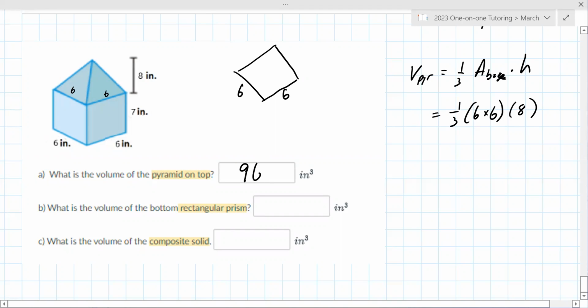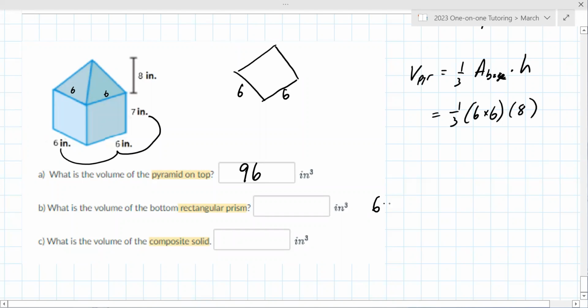96. Is that what you got? I think so, yeah. Great. Now the volume of the prism on the bottom, again, if you think it's helpful, you can redraw it. It's all three values though.